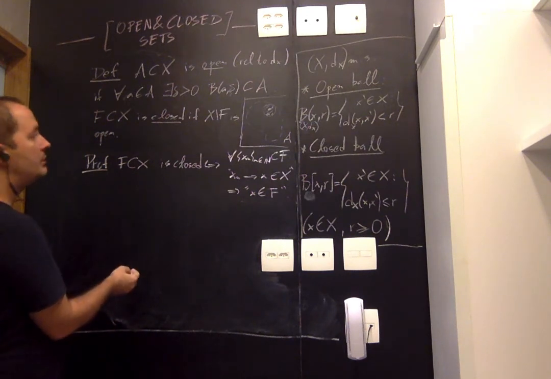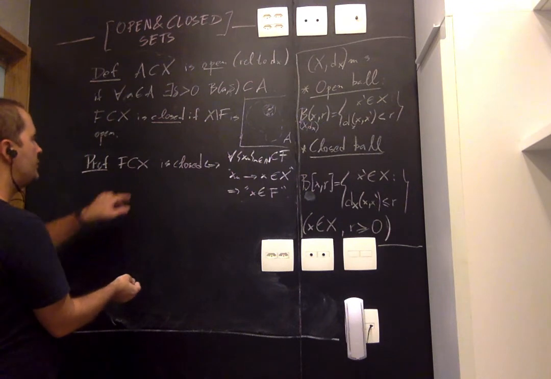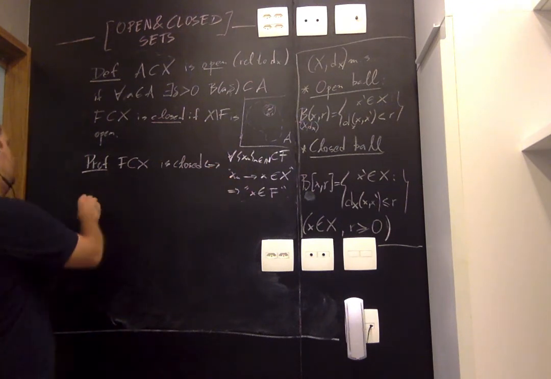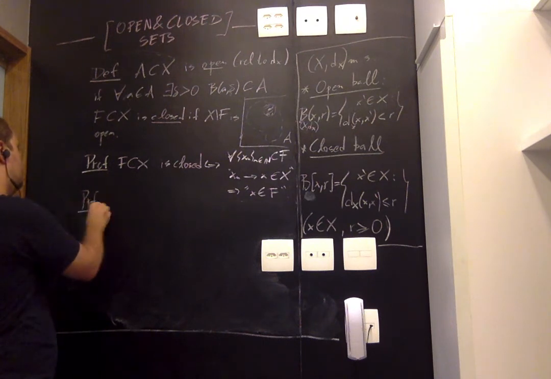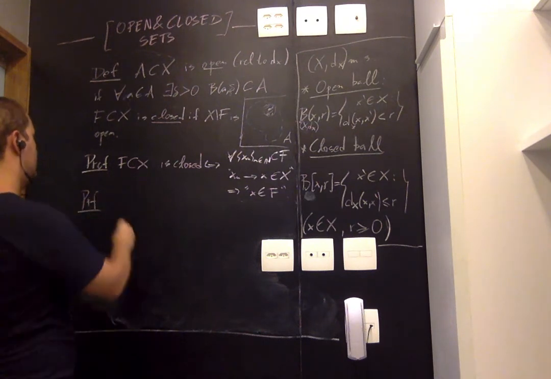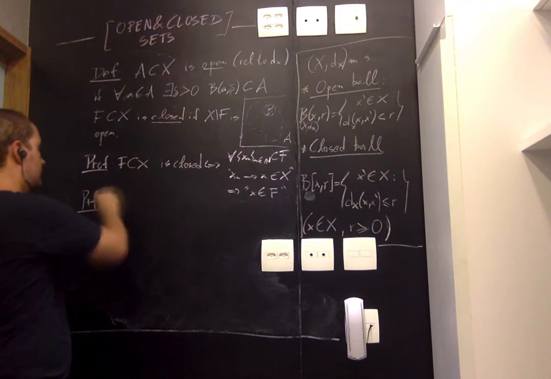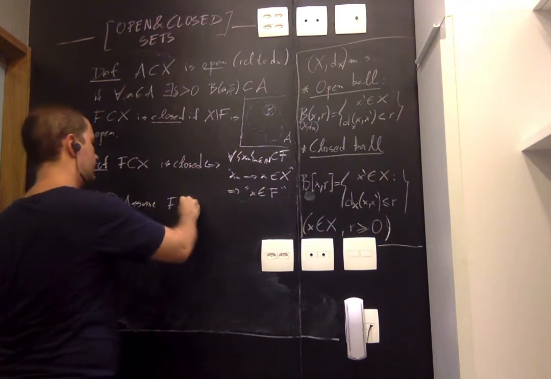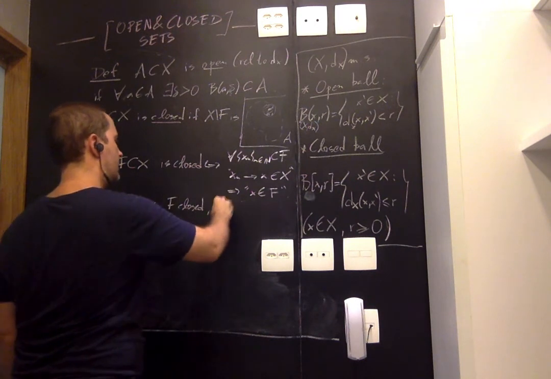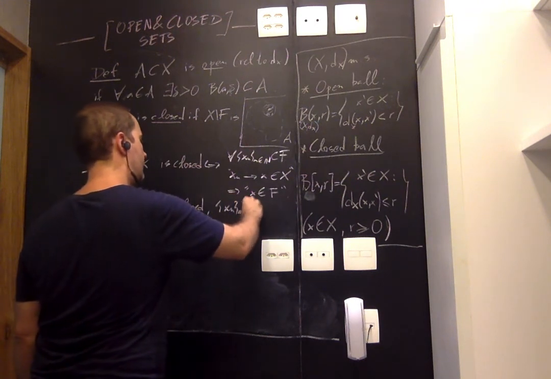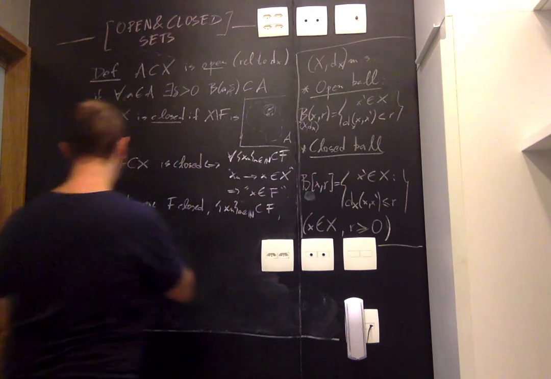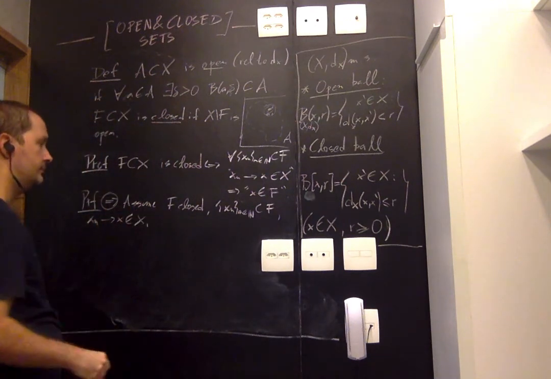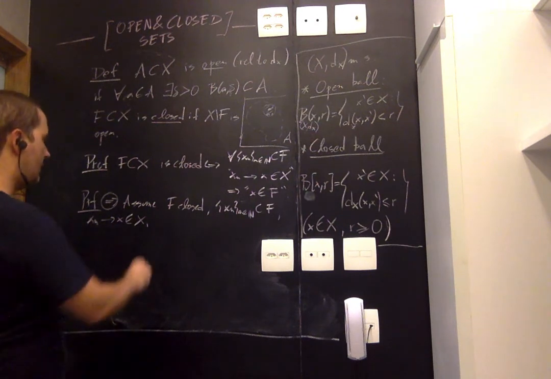Okay, so I'm going to prove, first of all, the direction that goes from closedness to the sequence property. So assume F closed, and you have a sequence in F that converges to some x in X. Right? So what does that mean?